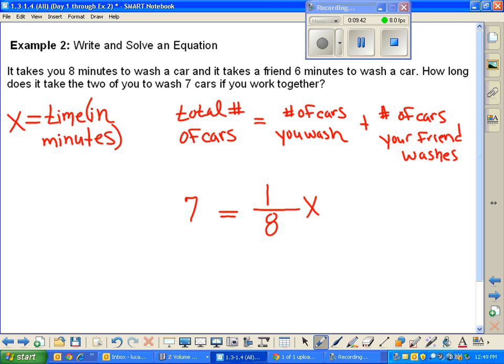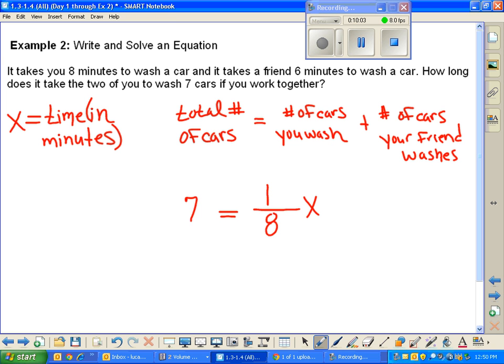And if we multiply that by X number of minutes, that'll tell me the number of cars. That was a mouthful. I'm going to say it again, because I know some of you are probably like, why didn't you just multiply 8X together? So I'm going to explain it again. You wash 1 car every 8 minutes for a certain number of minutes.